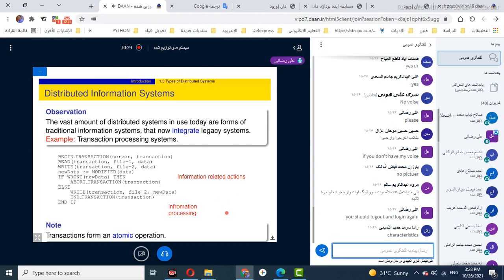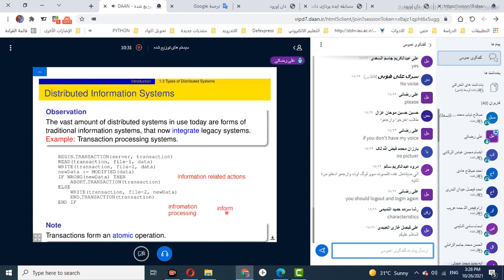Also, we have information storage and retrieval. These are two important disciplines when we want to talk about information-related actions.